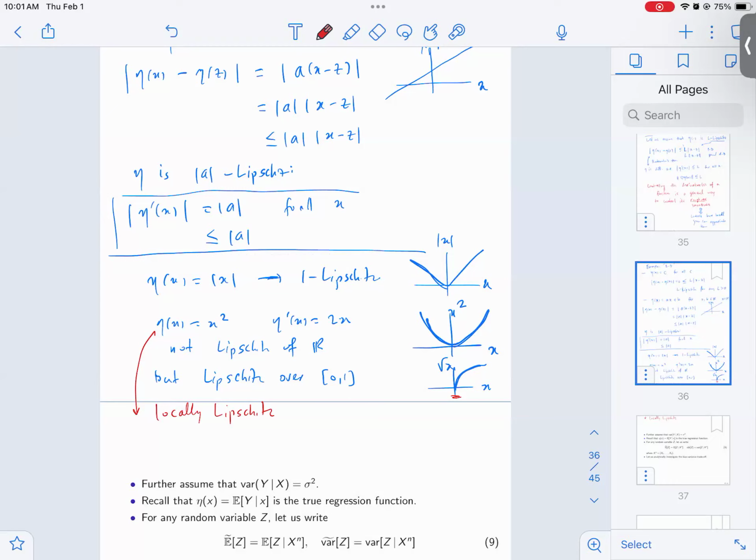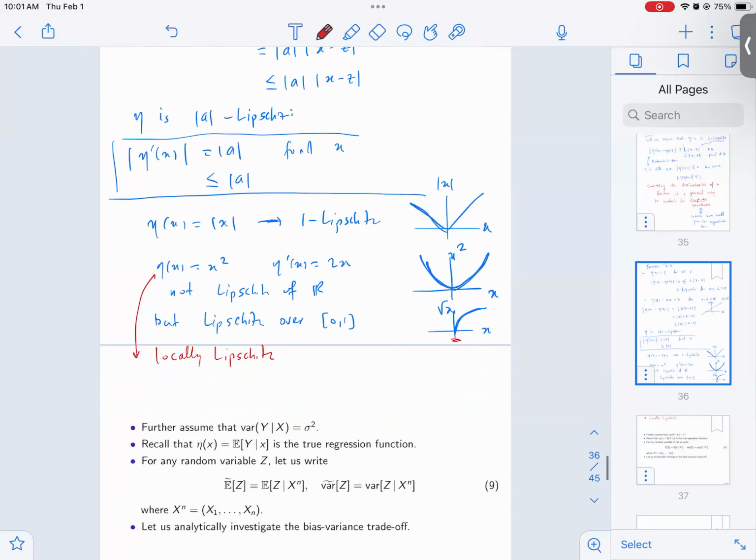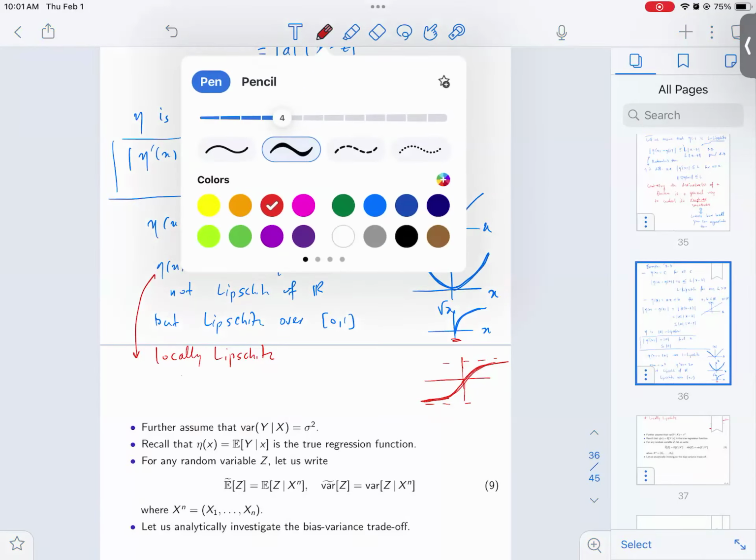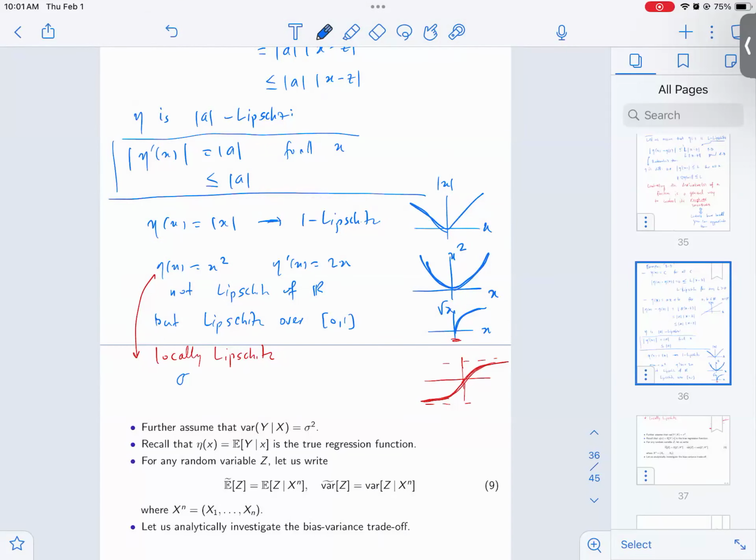An example of a good one, from later, might be the things that people use in neural networks, like the sigmoid function. If you look at it, it's 1 over 1 plus e to the negative x. It gets flatter, and the worst case, the derivative at 0 is 1/4.